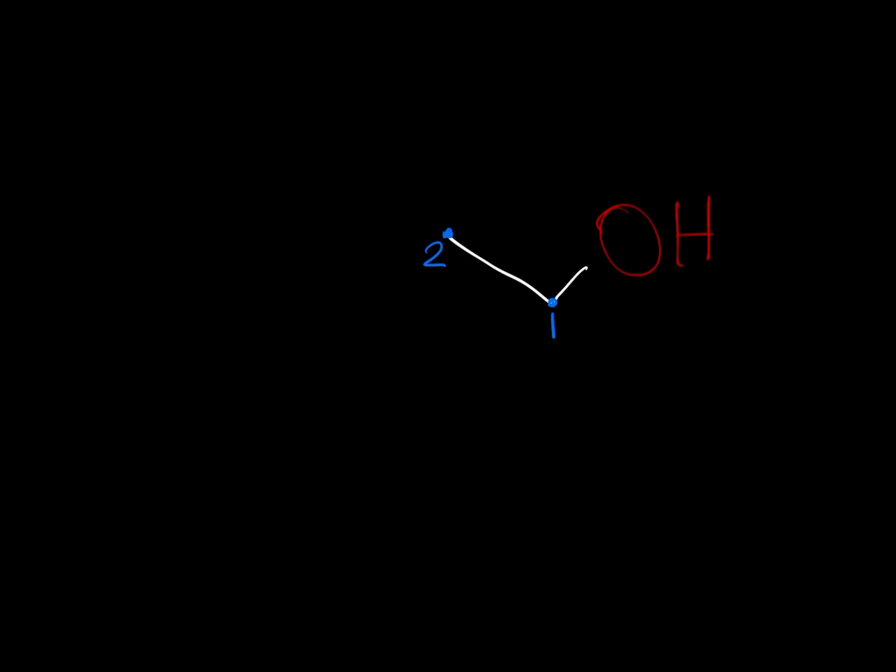So if you have 2 carbons in an alcohol, that's going to be ethanol. But you could say, hey, look, you have the hydroxyl on carbon 1. Well, you don't really write 1-ethanol, because even if the hydroxyl was on the other carbon, it would still be 1 because you could just count the other way. So it's not really going to make a difference in ethanol, so you don't really put a number for that.